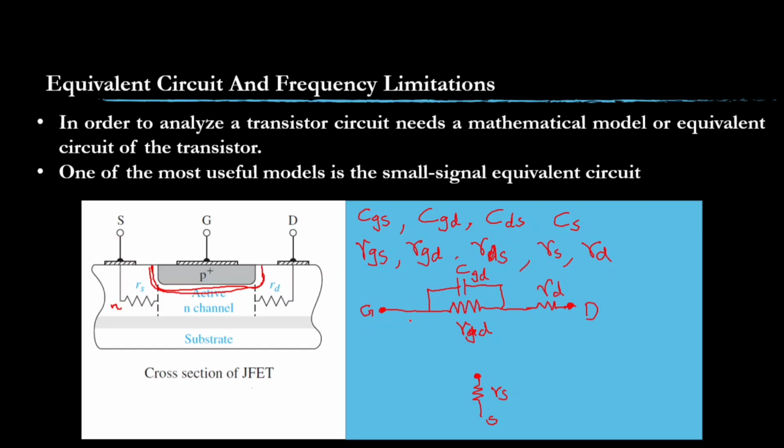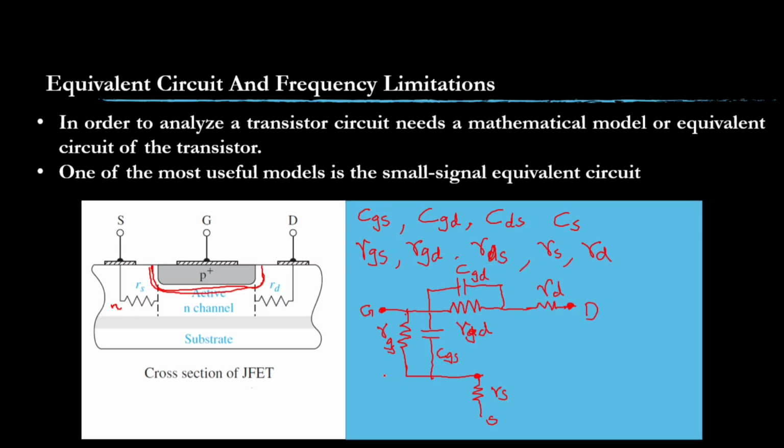So I'll draw a resistance like this. That resistance between gate and source is RGS. There will be a junction capacitance, known as CGS.